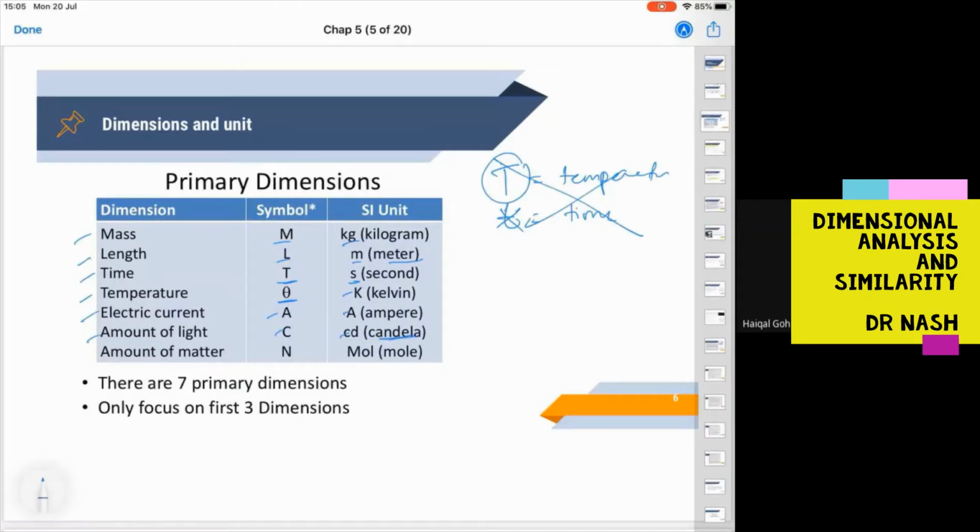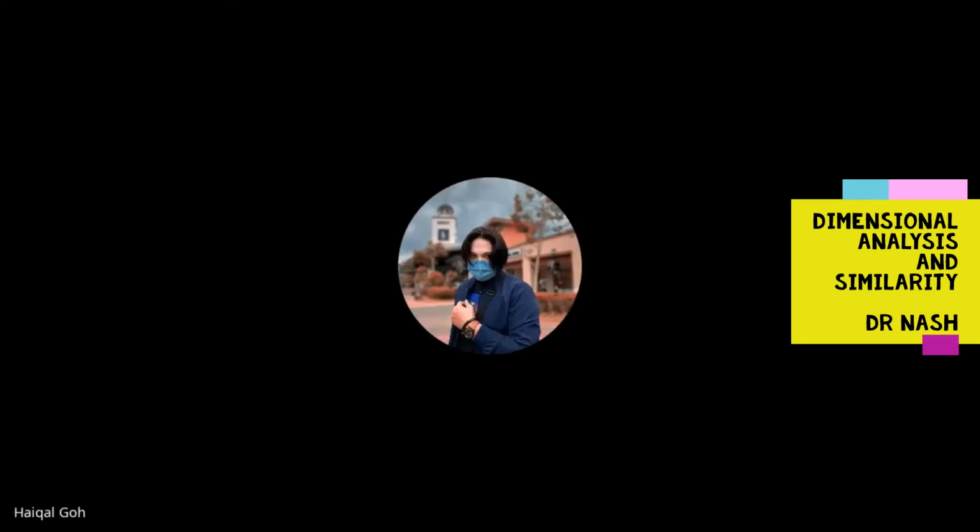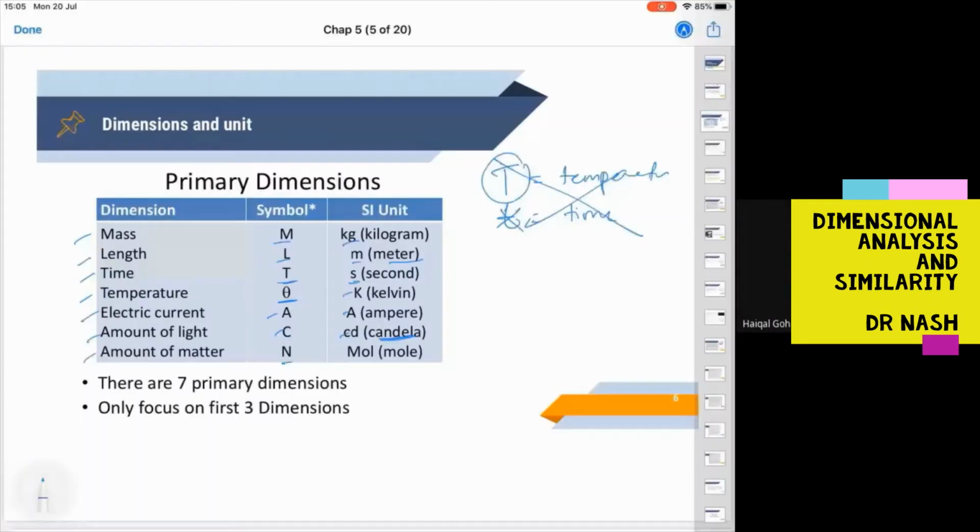Amount of matter is mole. Amount of matter, mole, we studied a lot. I mean especially, I think if you took chemistry or physics in high school or secondary school, definitely you have experience with amount of matter or mole.